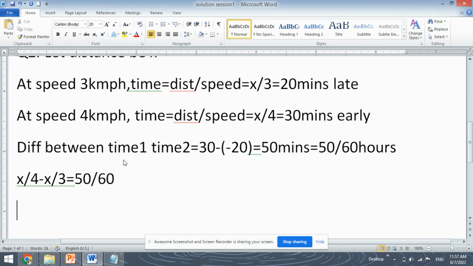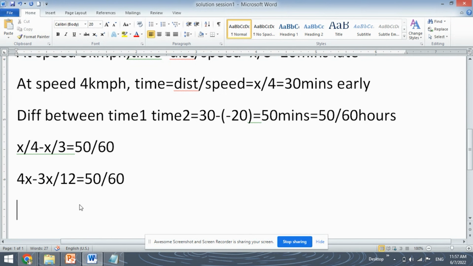So let's do it by simply using our simple mathematics, wherein we solve these equations. Let's write 4x minus 3x upon 12 equal to 50 by 60. So 4x minus 3x is nothing but x, equal to 50 by 60.